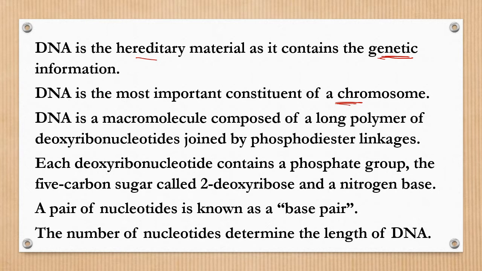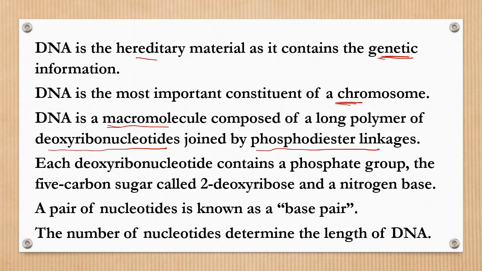DNA is a macromolecule. Macro means large, so it is a large molecule composed of a long polymer of deoxyribonucleotides joined by phosphodiester linkages or bonds. Yesterday we discussed the nucleotide structure. The nucleotide is formed by the sugar molecule, nitrogen base and phosphate group together.